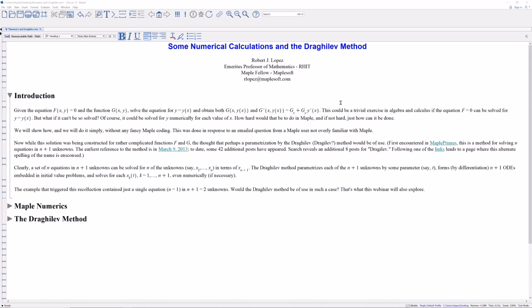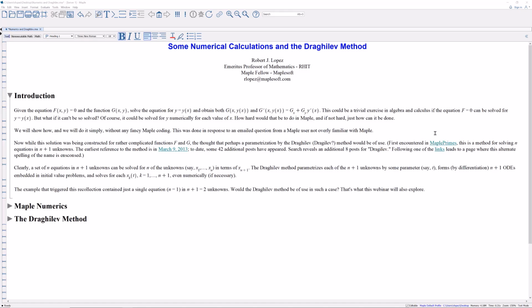there's this thing called the Draghilev method, and you'll see here two different spellings. The original spelling that showed up on Maple Primes had no H over here. And then all posts after that said, oh no, it really should be an H. So this method first showed up on Maple Primes, and here's the link to where it first shows up.